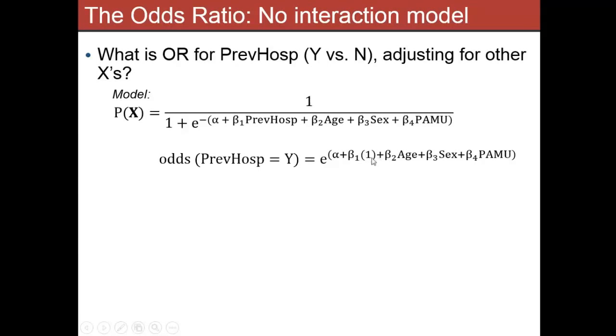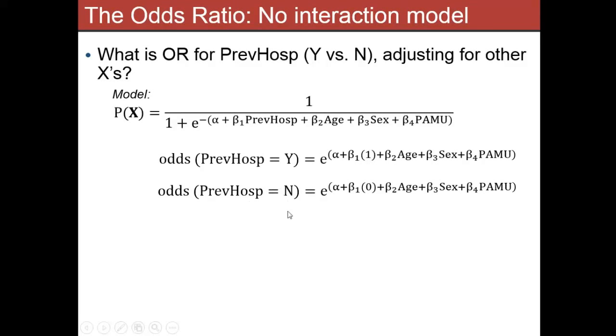I'm plugging in hospitalization here as value 1. You'll see why. But this is the odds version of the model under hospitalization equals yes, which is why I have a 1 here. And the odds of the outcome given hospitalization equals no is this thing right here, but with a 0 instead of a 1 for previous hospitalization.